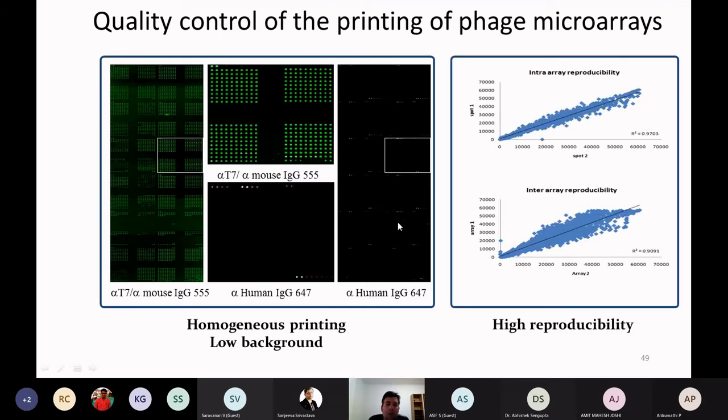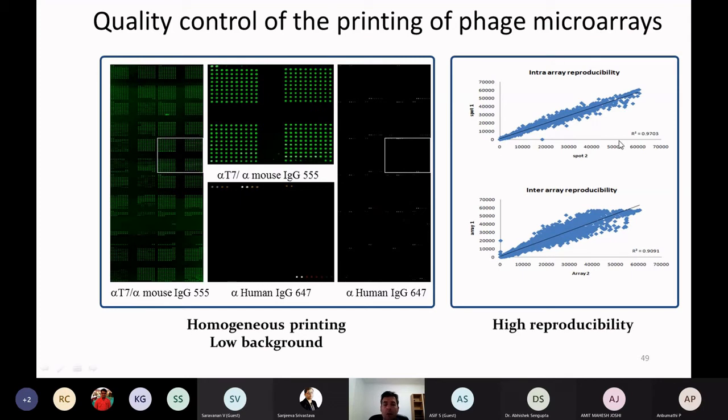Also, it's important when you print an array that you demonstrate good reproducibility between the different batches, because it's usually not the same. When arrays are printed in the robot, if we have a collection of 3 different arrays and you compare the first one with the last one, maybe there can be some problems of reproducibility. So you have to demonstrate that the arrays show good reproducibility, by intra-array reproducibility and inter-array reproducibility.